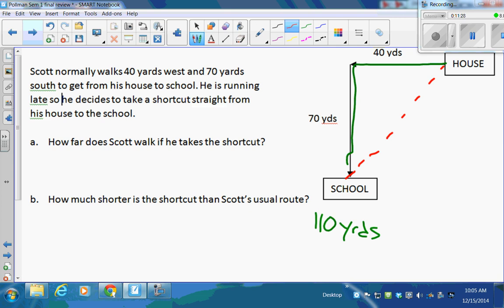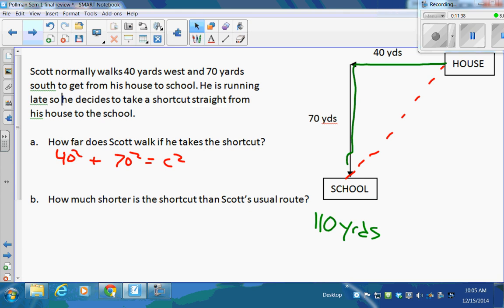The way I can find the length of the right triangle's hypotenuse is the Pythagorean theorem. So I'd have 40 squared plus 70 squared equals c squared. 40 squared, let me grab my calculator. 40 squared is 1,600. 70 squared is 4,900.